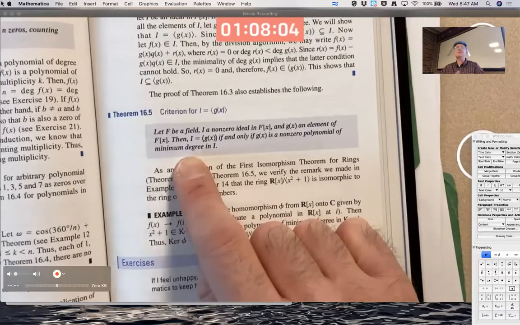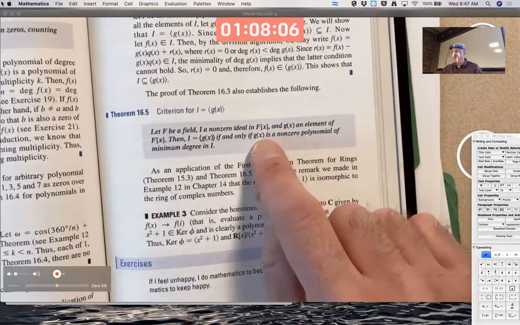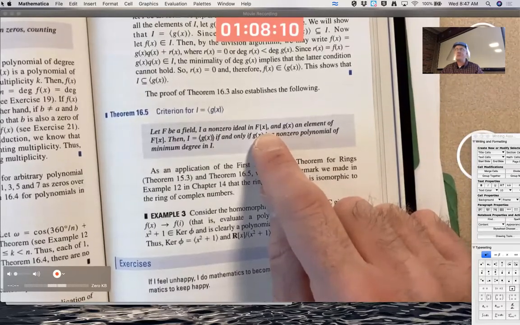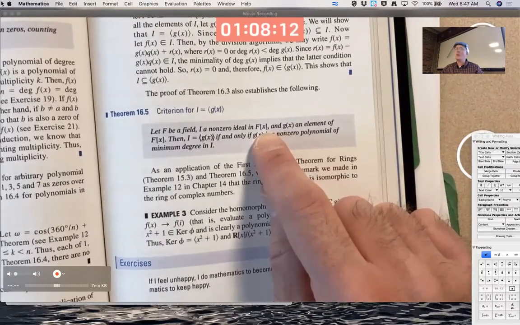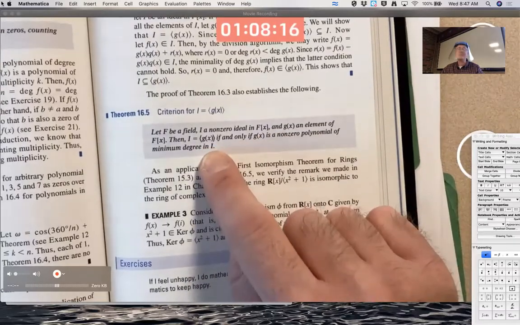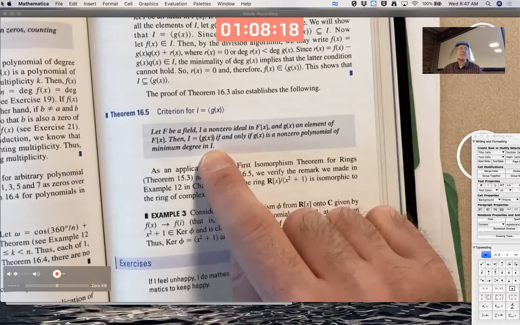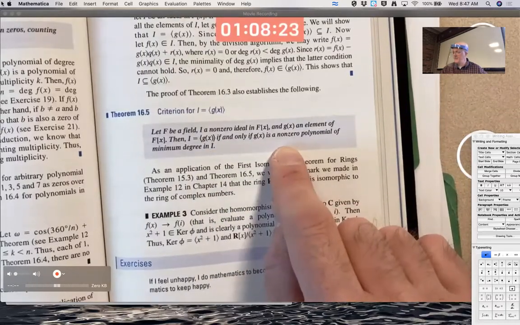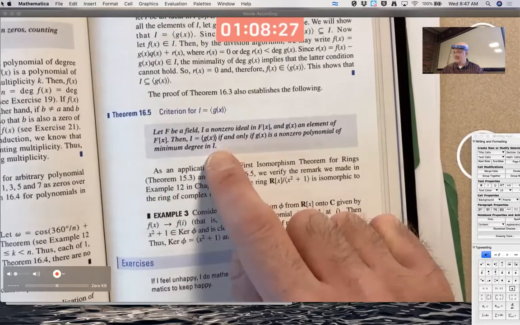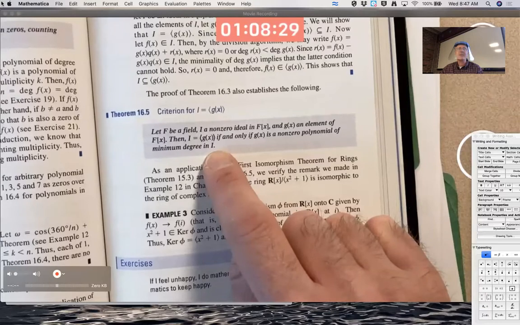So if you've got an ideal in this ring, which you know is a principal ideal domain, and you want to find a generator for a given ideal that might be described in some other way, you've got to find a non-zero polynomial of minimum degree in I. And then this will be true.